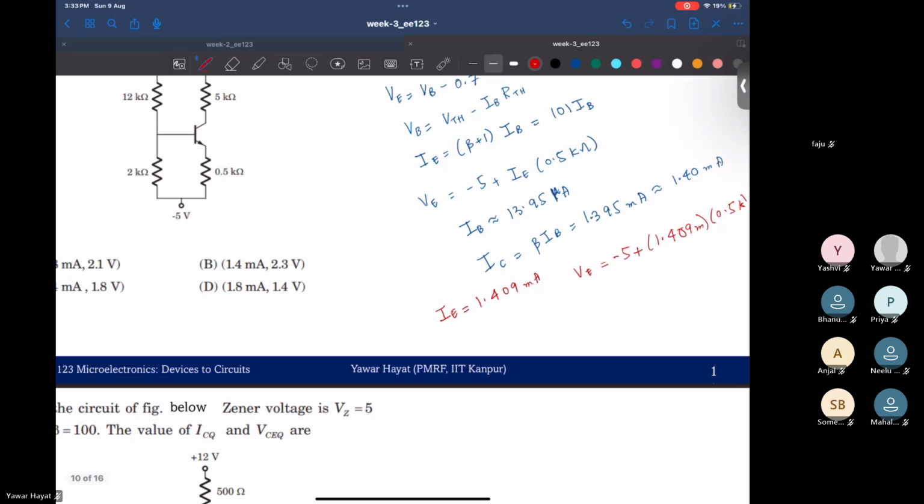Correct? So your VE would be approximately minus 4.295 volts.